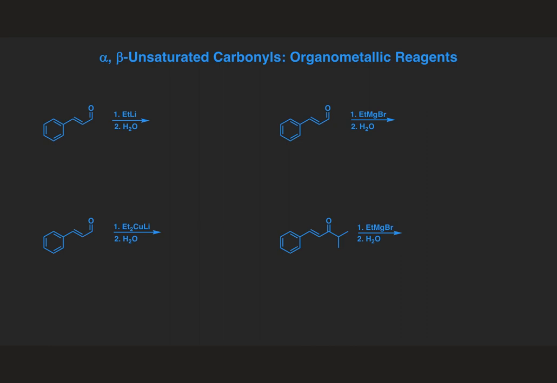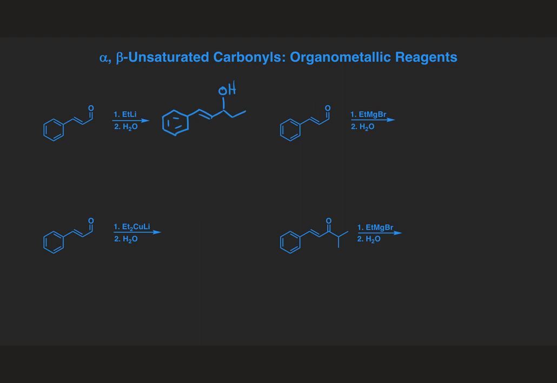And so this reaction is going to form this alcohol where I have added an ethyl group to the carbonyl carbon and then protonated it in a second step to form this alcohol.